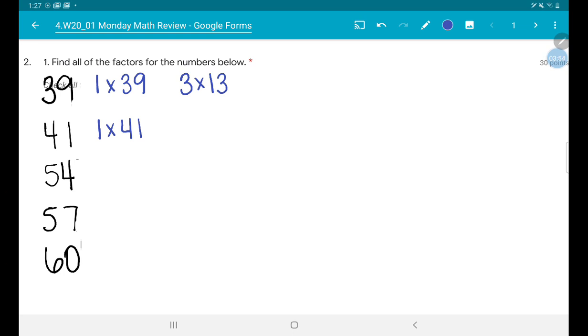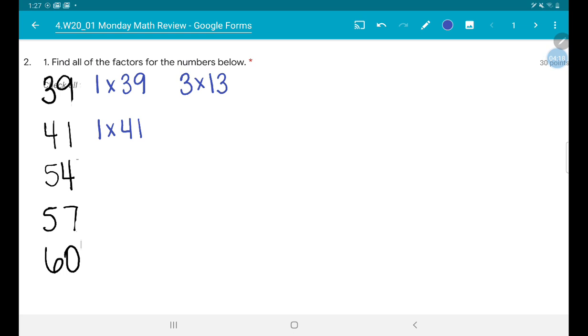I don't think so. 3 times nothing equals 41. We know 3 times 10 is 30. 3 times 15 would be 45. If we go back 3 from that, that's 42. So 3 can't be a factor, can it?